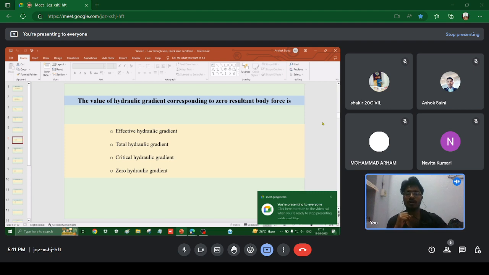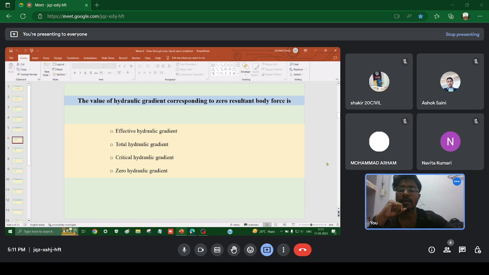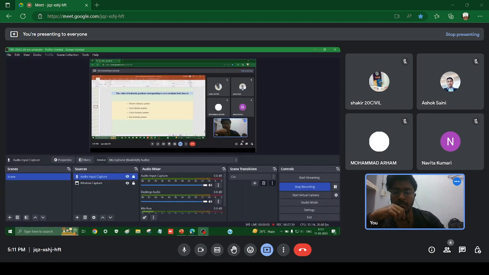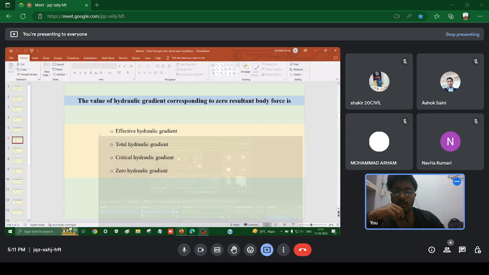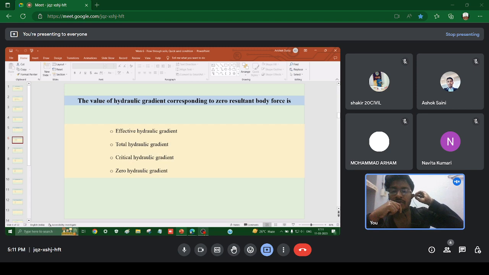The options are effective hydraulic gradient, total hydraulic gradient, critical hydraulic gradient, or zero hydraulic gradient. What do you call the hydraulic gradient at zero resultant body force? Effective, total, critical, or zero? Next question.